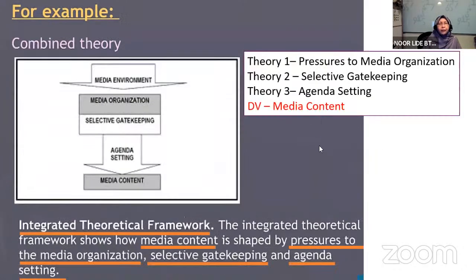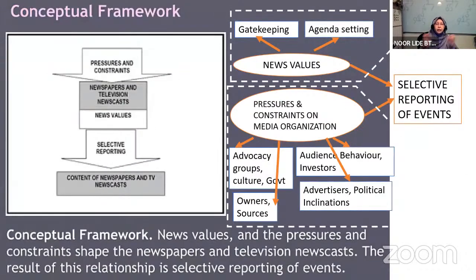So when the person combines these different theories, the media organization theory, the selective gatekeeping, agenda setting, and so on, and how this influences the media content, the student has an integrated theoretical framework, because it uses not one theory but a combination of theories to explain how media content is selected.